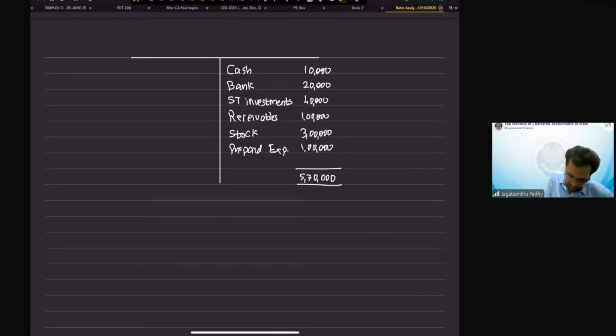Okay. Now against that, suppose we have creditors. In the creditors, we have got 2,85,000.